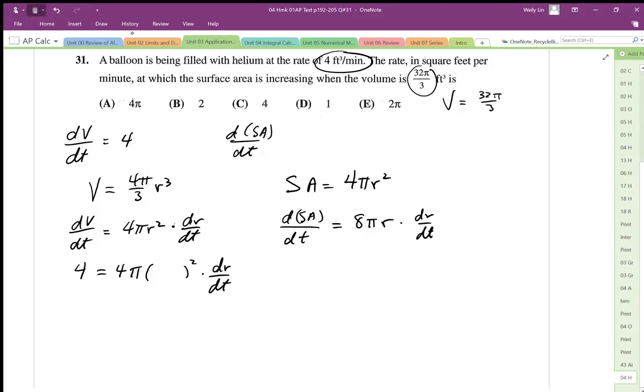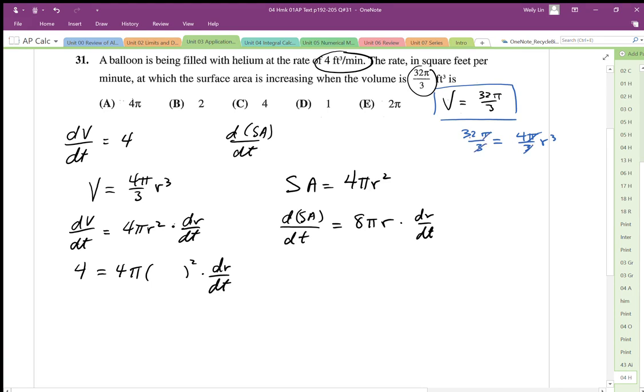Now I need another relationship. That relationship is going to be my volume relationship, and that will connect my volume to the radius. And I can actually calculate the radius. So if my volume is 32 pi over 3, I know that's going to be 4 pi over 3 r cubed. I can solve for r cubed here.